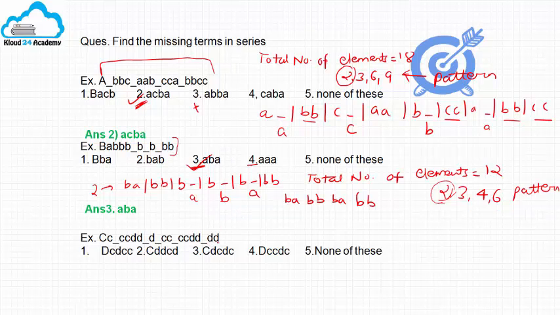CC blank CCDD blank D blank CC blank CCDD blank DD. Here total number of elements are 20. Now 20 is divisible by 2, 4, 5 and 10. So instead of writing it this time, let's try to solve it directly.